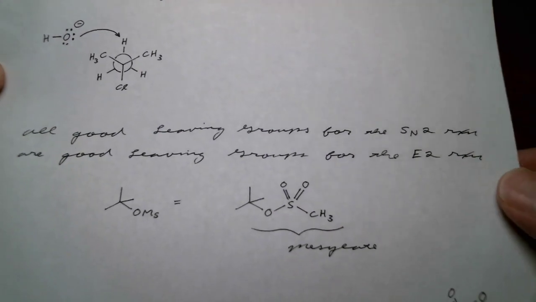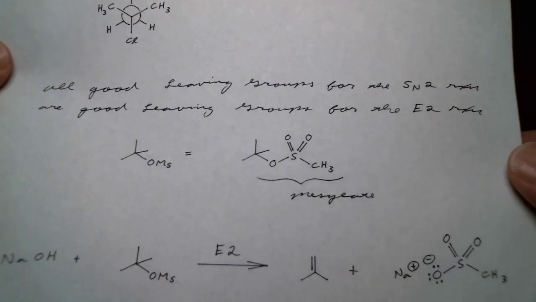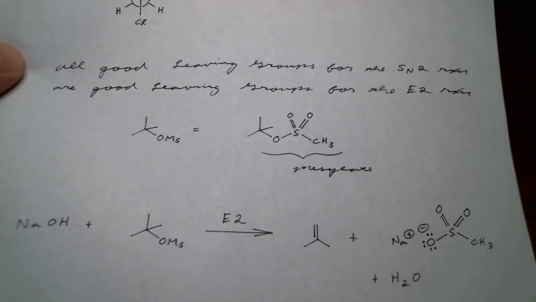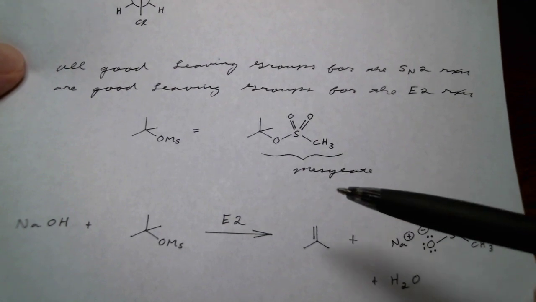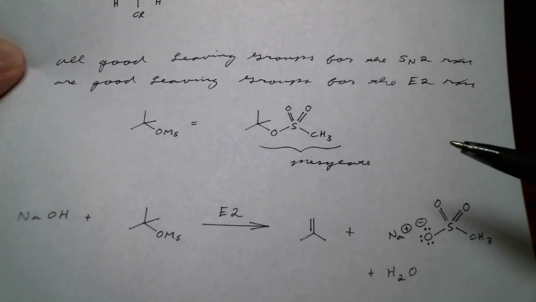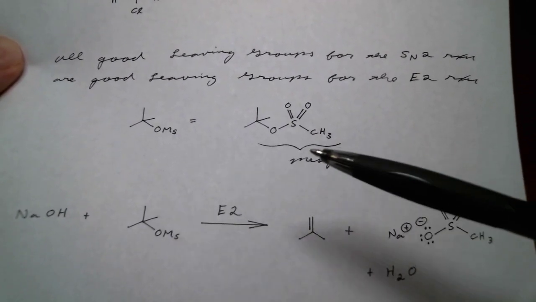All good leaving groups for the SN2 reaction are good leaving groups for the E2 reaction. So, in addition to bromine, chlorine, and iodine, we have the sulfonates. So mesylates, tosylates, triflates are good leaving groups. I don't know if you recall, OMs stands for a mesylate.